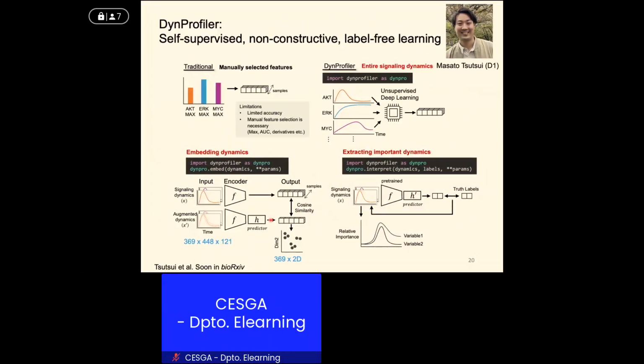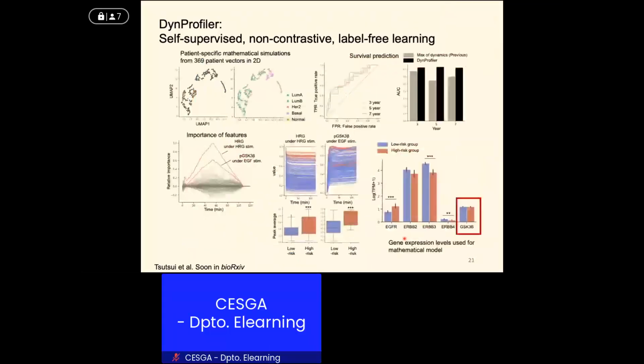He made this encoder and decoder system. In this case, we used a lot of information from this simulation data, and finally showed it in 2D. And he showed what the important dynamic features are to classify the patient.